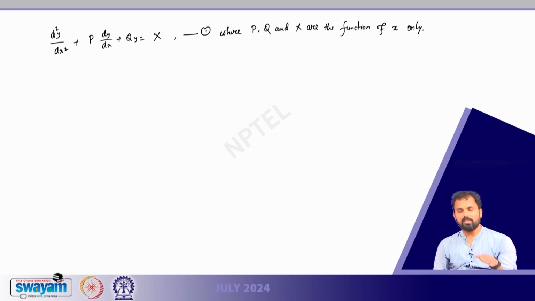Then you divide both sides by p0, and then you will have p1 by p0 as capital P, p2 by p0 as capital Q, and X cap by p0 as capital X. So we can always put the given ordinary differential equation into this form by dividing by the first coefficient, provided that p0 shouldn't become 0 in the domain of definition for this ODE.